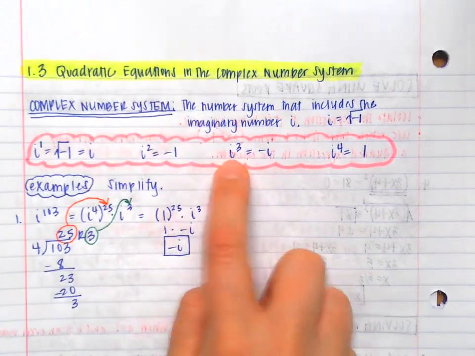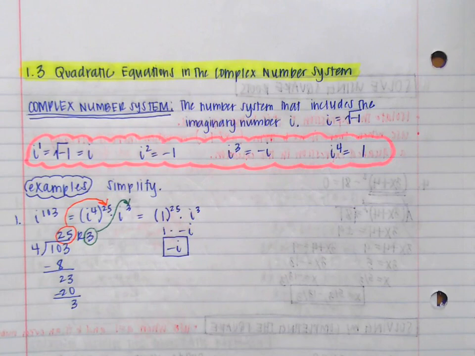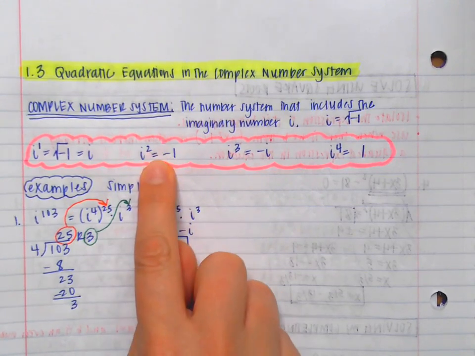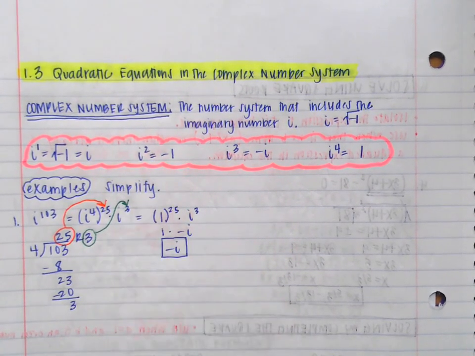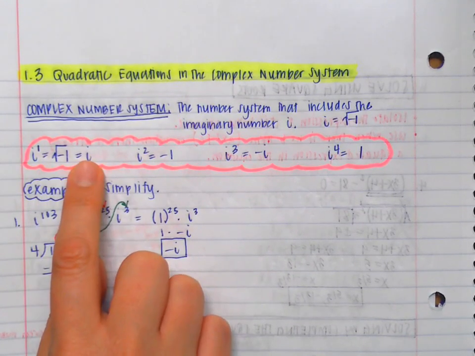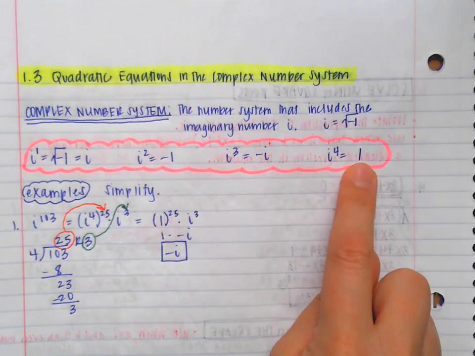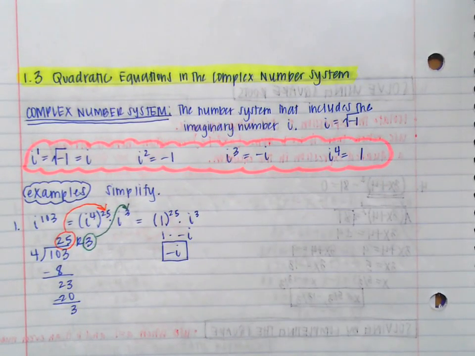Again, I to the third, negative I. If it was 0.50, that would be 2/4, and that would be I squared. It would be negative 1. If it was 0.25, that would be 1/4. That would be I to the first, which would be I. And then if it was no decimal, then it would be 1. So we're always really looking at the remainder. The remainder is what's important here.